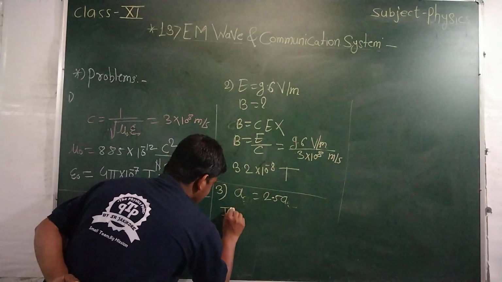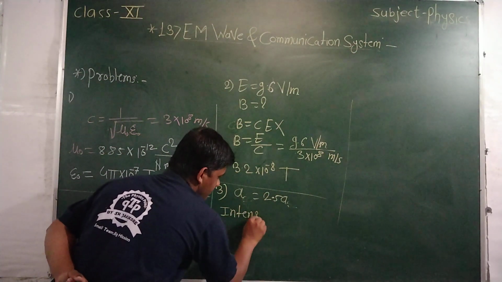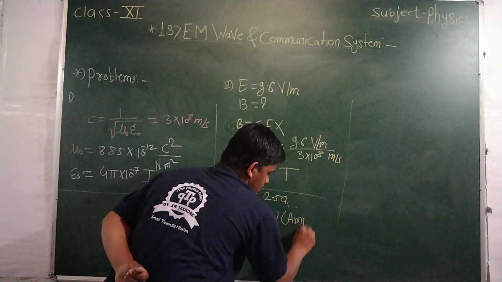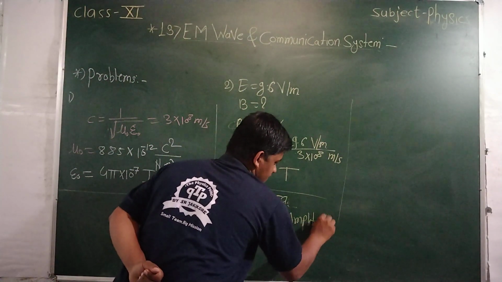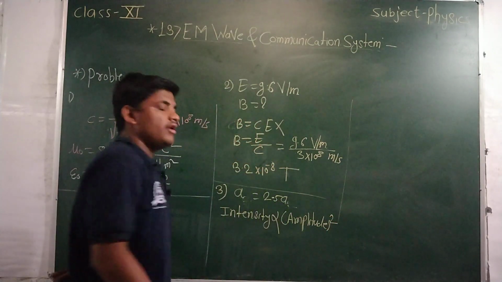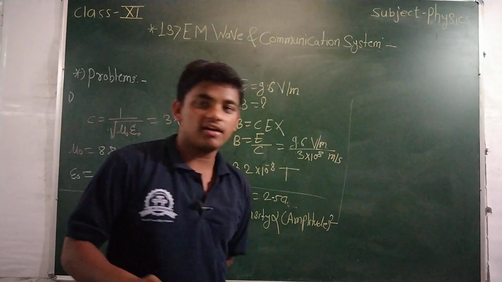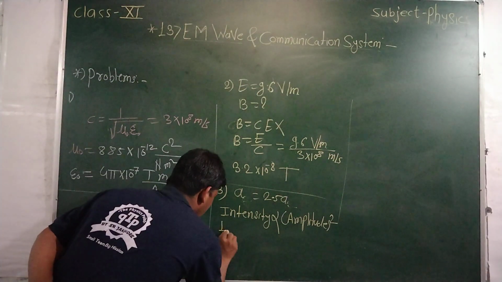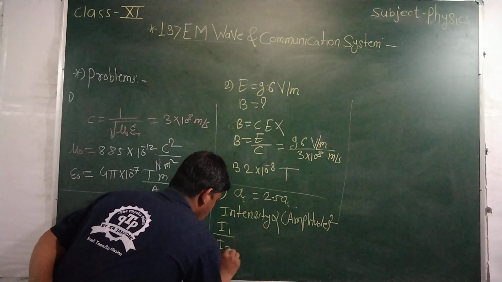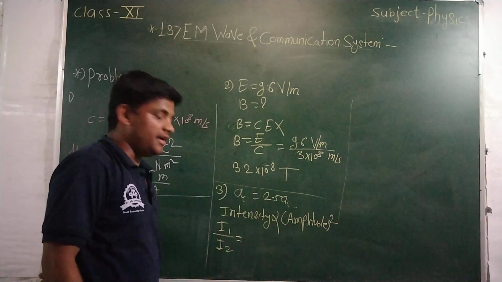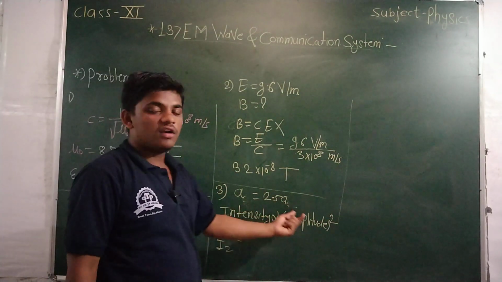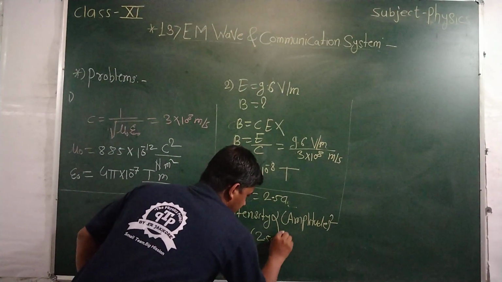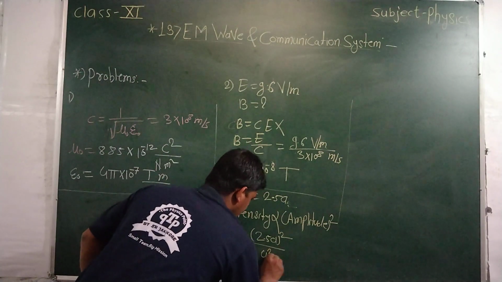Then find the intensity. Intensity is directly proportional to the square of amplitude. We discussed this in the previous lectures when we discussed some characteristics of the electromagnetic waves. Then I1, I2, the two different intensities of the different amplitudes. Then (2.5a) square divided by a square.